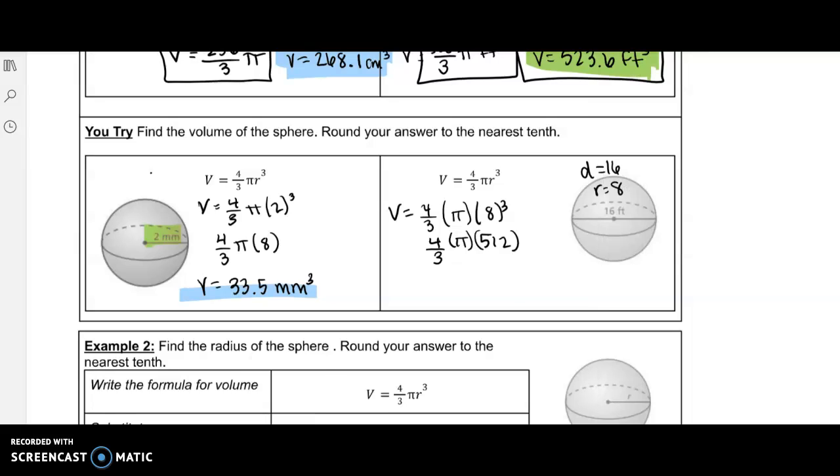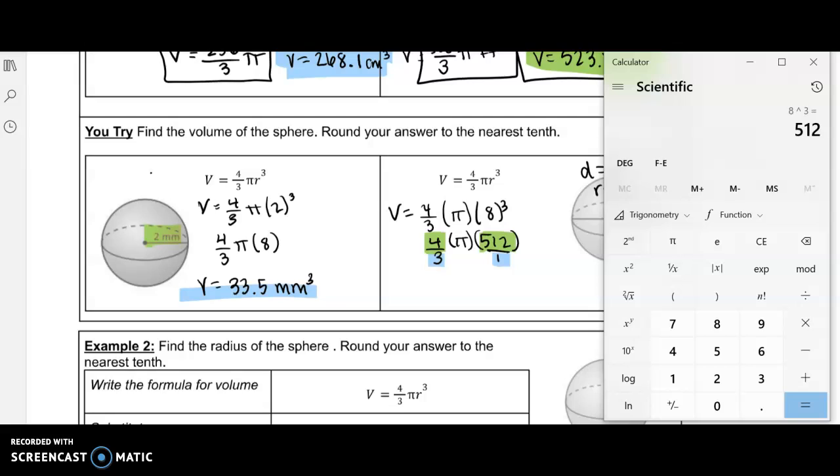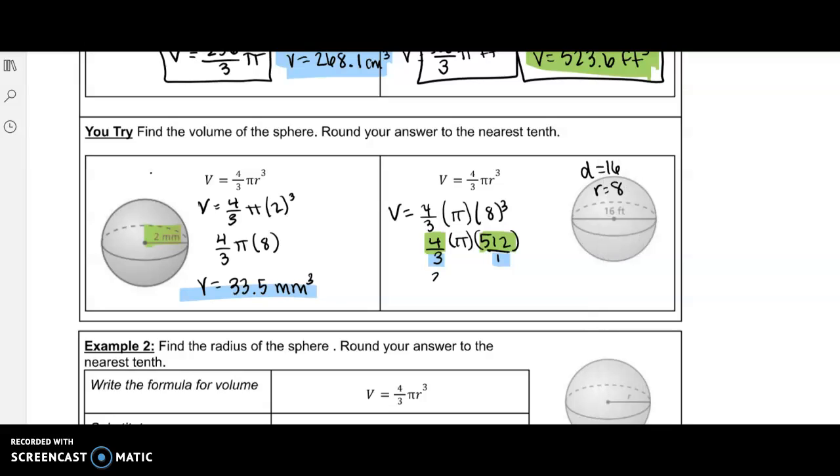So again, multiply that top number times your whole number, because it's like this is over 1. And then you do 3 times 1. So 4 times 512, 2,048.